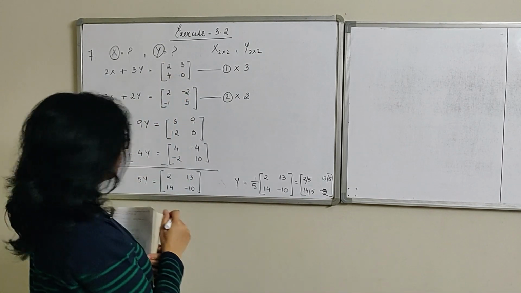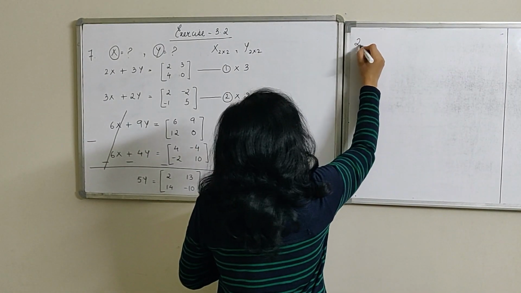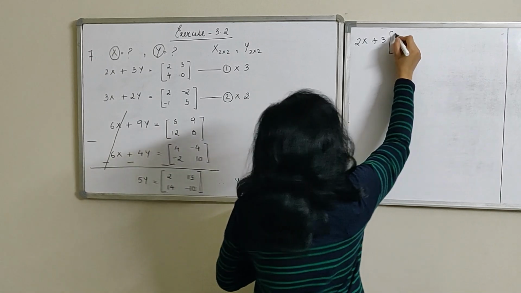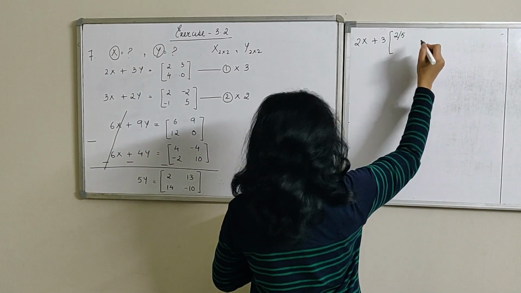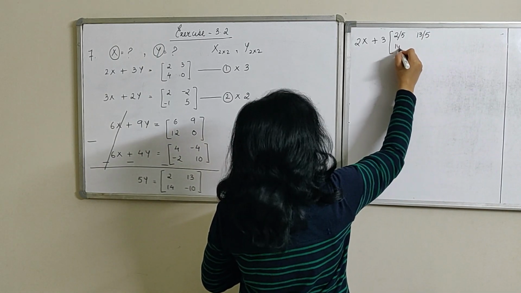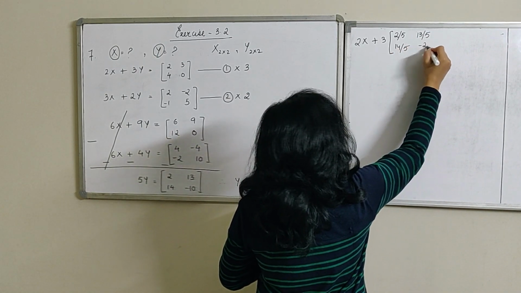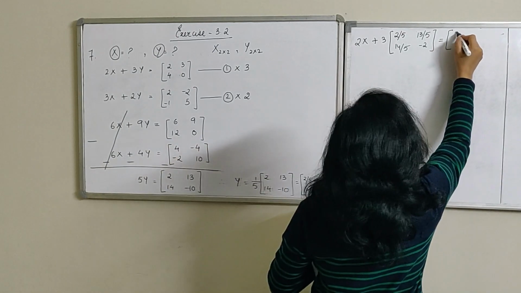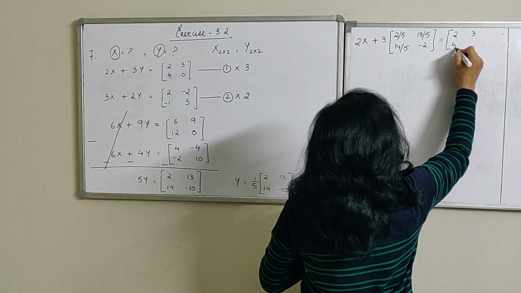So suppose we are using the first equation. 2 times matrix X plus 3 times matrix Y is equal to the matrix on the right hand side.